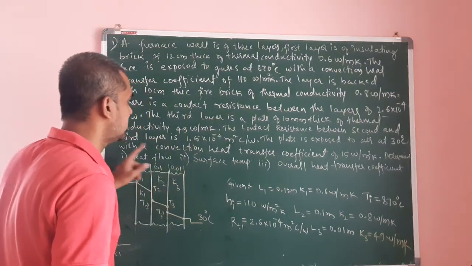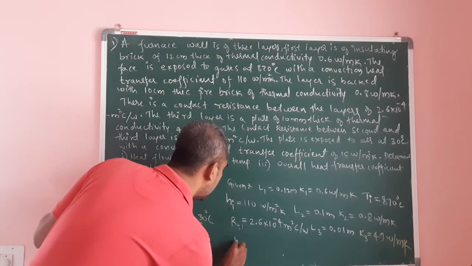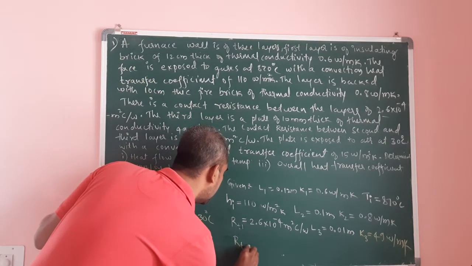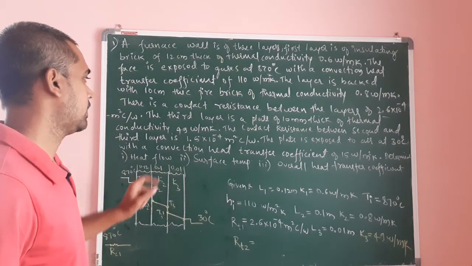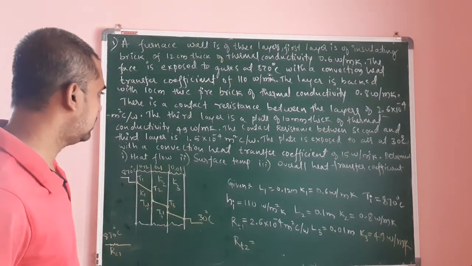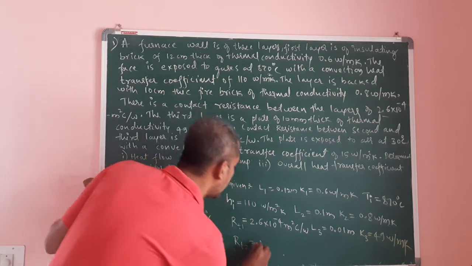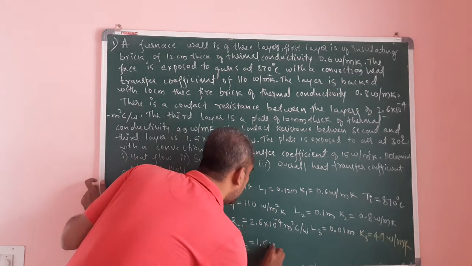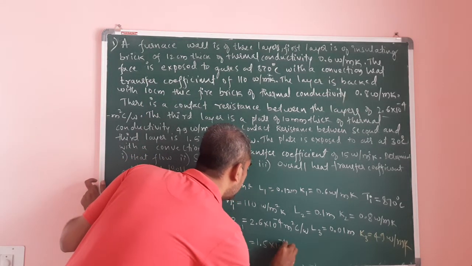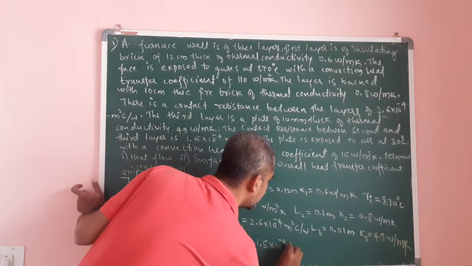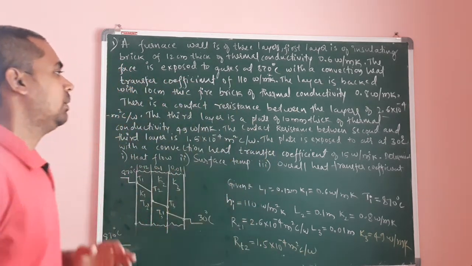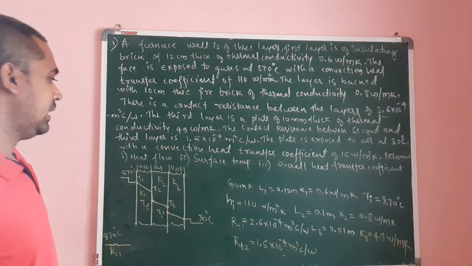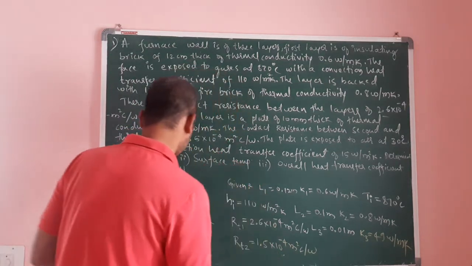That thermal resistance I will call it as RT2, thermal contact resistance between the layer 2 and the 3. It is equal to 1.5 into 10 raised to minus 4 meter square Celsius per watt. Okay. The plate is exposed to ambient air. This is ambient air.